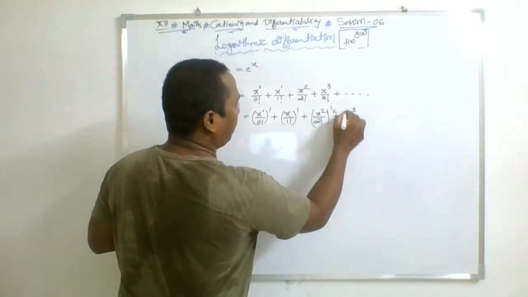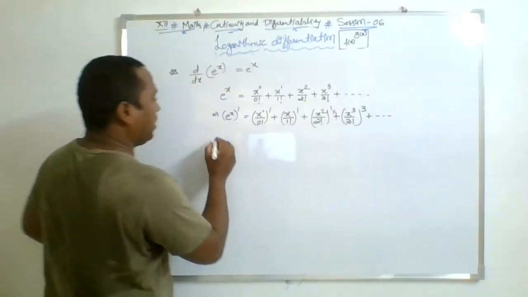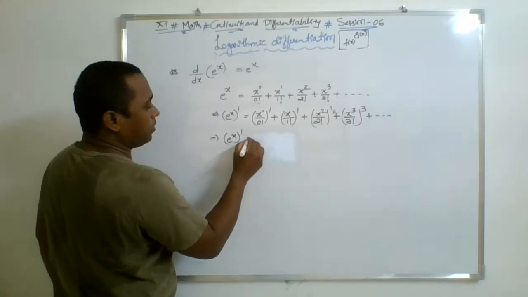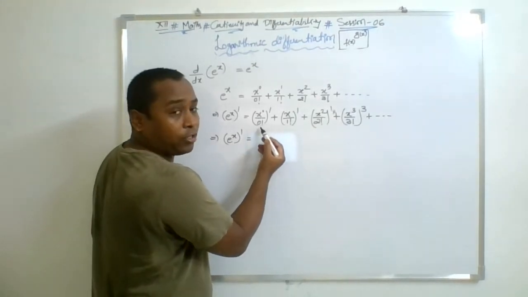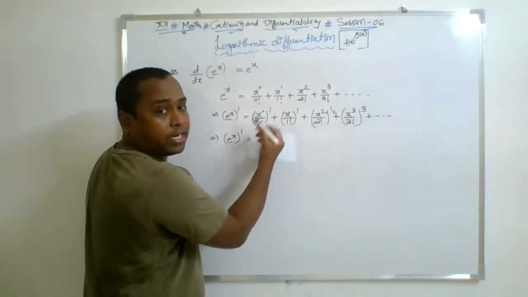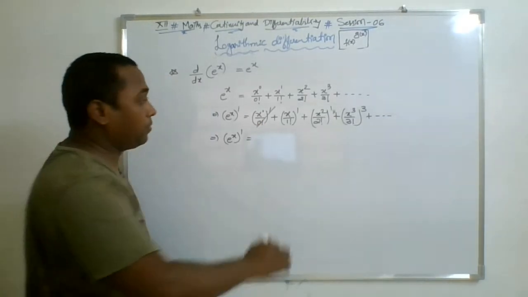If you differentiate it, see what you will get here. Now see, the derivative of e power x is equal to: x power 0 is 1, 0 factorial is also 1, so 1 by 1 is 1. The derivative of 1 is 0, so this term vanishes.